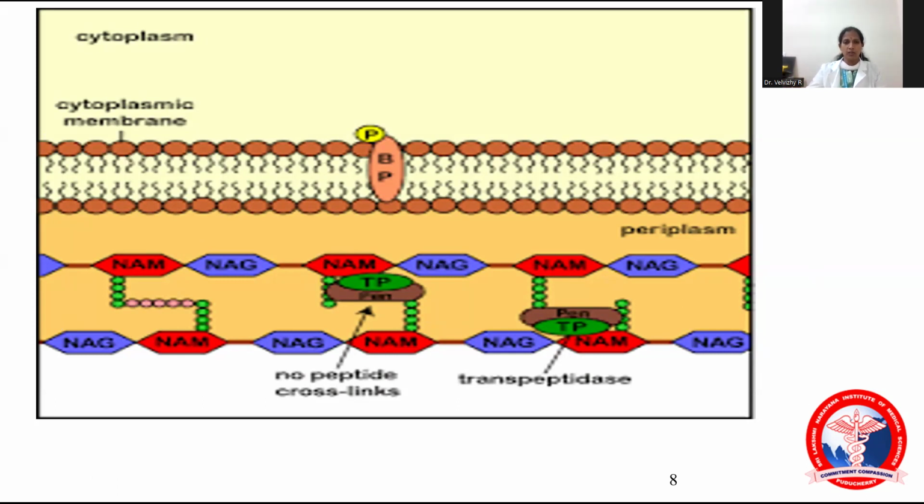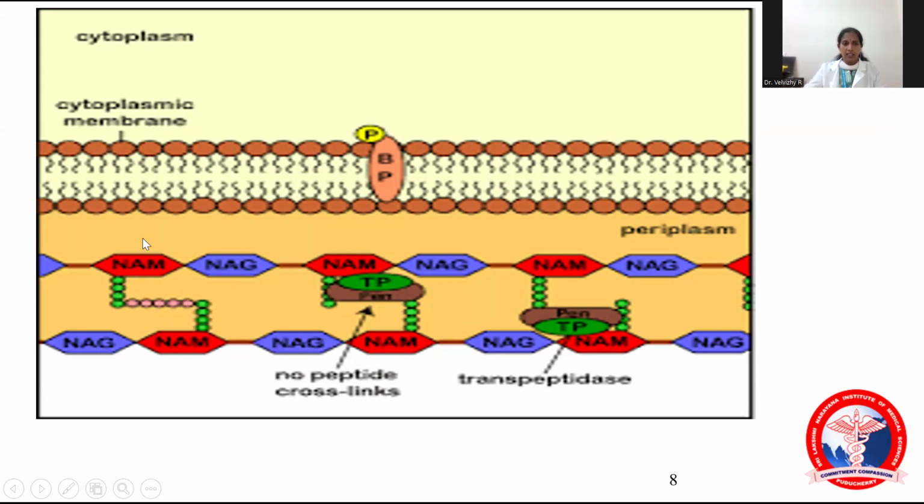The glycan chain has two amino sugar residues: one is N-acetyl muramic acid and the other is N-acetyl glucosamine. N-acetyl muramic acid will be linked with other N-acetyl muramic acid with the help of glycan chains and peptide chains.